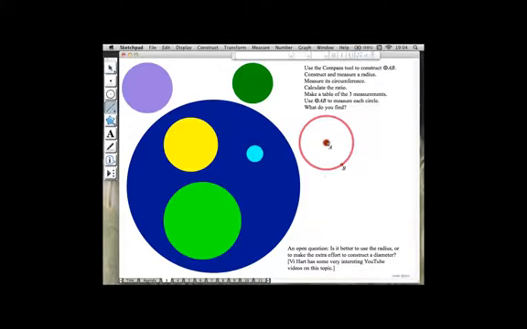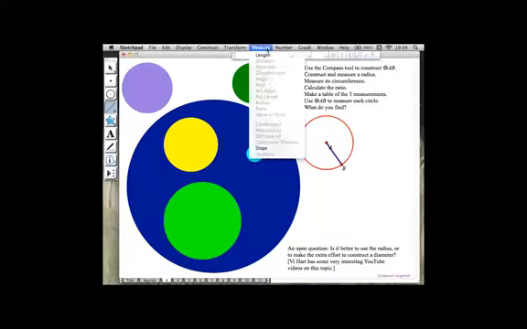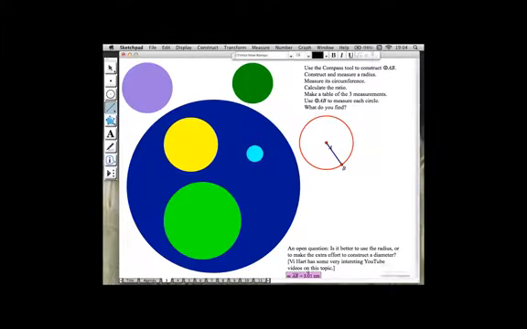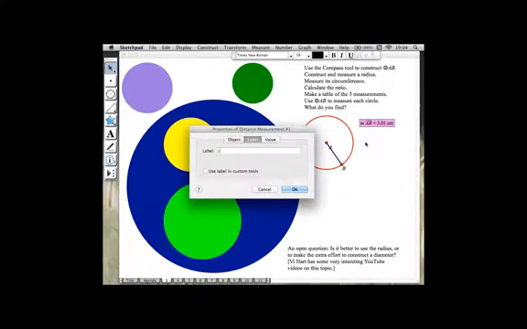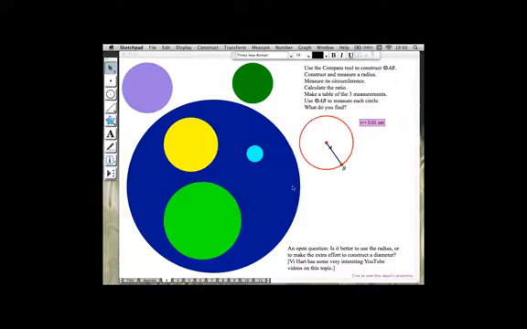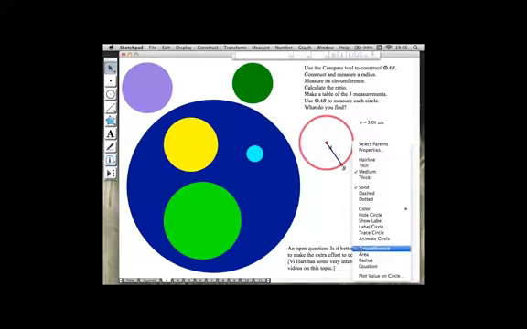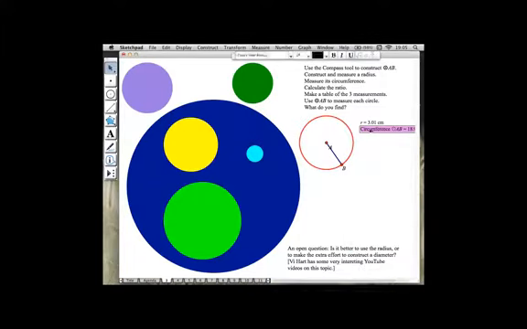Use the compass tool to construct circle AB. So here's the compass tool. Here is circle AB. And we will actually make it circle AB by using the text tool to label the points. And then we can use circle AB to measure its circumference and construct and measure a radius.